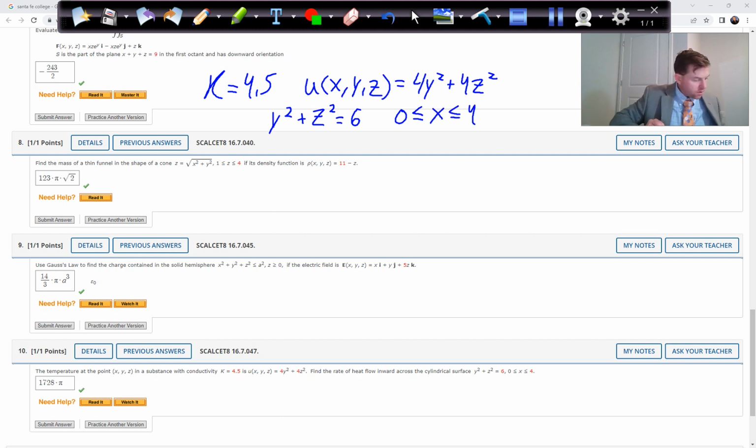Okay, so where do we start with this one? Well, we're going to find the thermal conductivity times the gradient of U. So the gradient of U is pretty simple. It's just the partial derivative of each of these terms, but then we're actually turning into a vector.